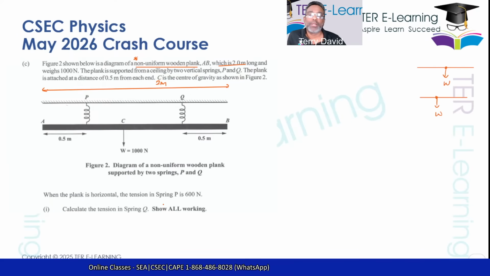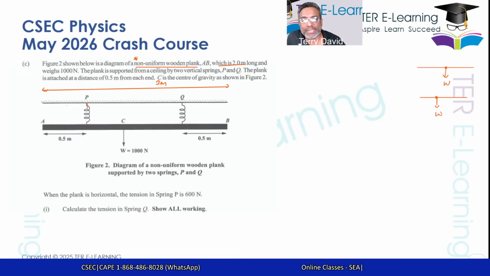When the plank is horizontal, the tension in the spring P is 600 newtons.